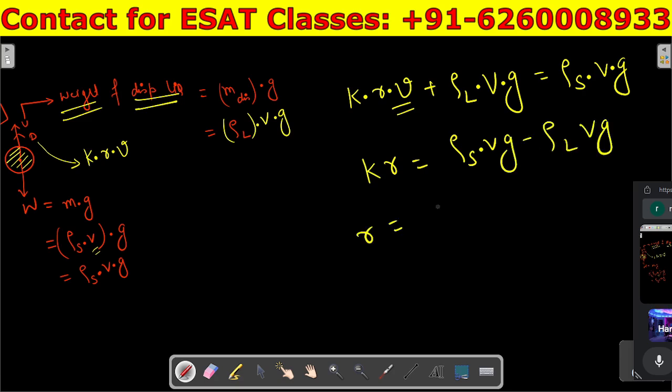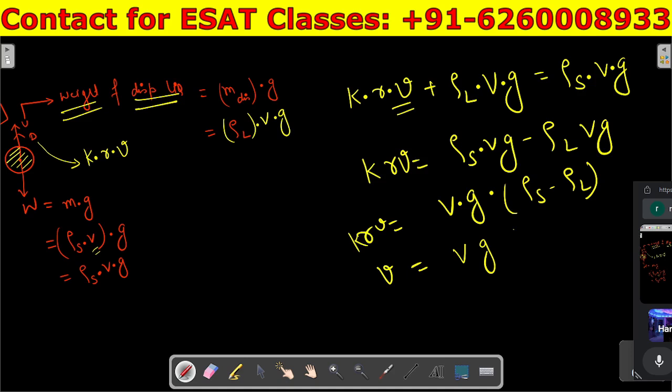We can take V g common, so k r v equals V g times rho S minus rho L. So v is equal to V g (rho S minus rho L) upon k r. That should be the answer.